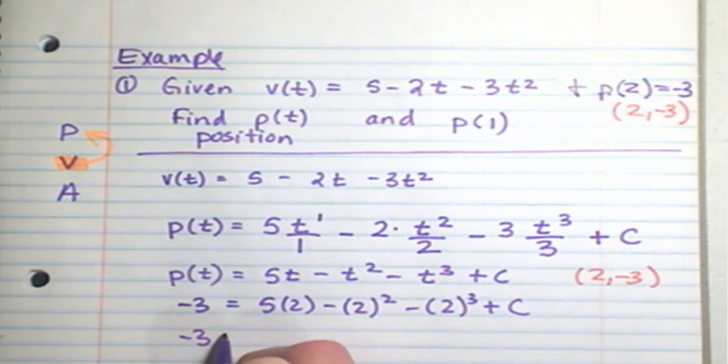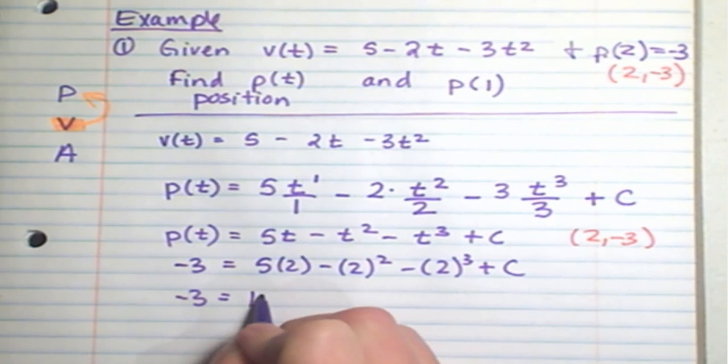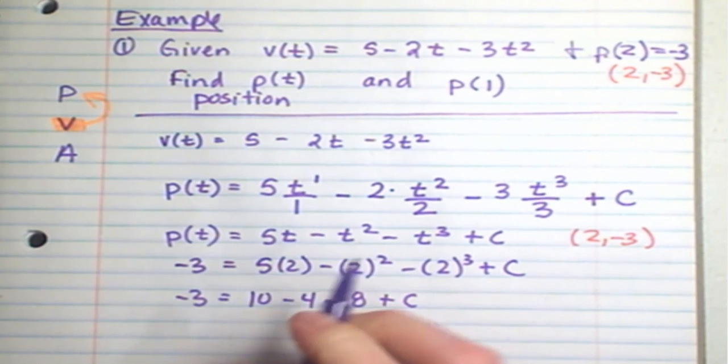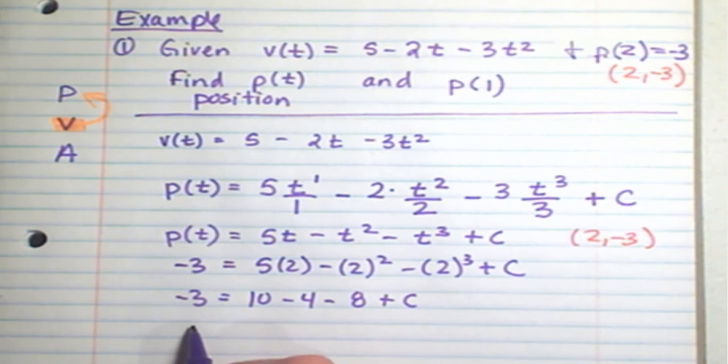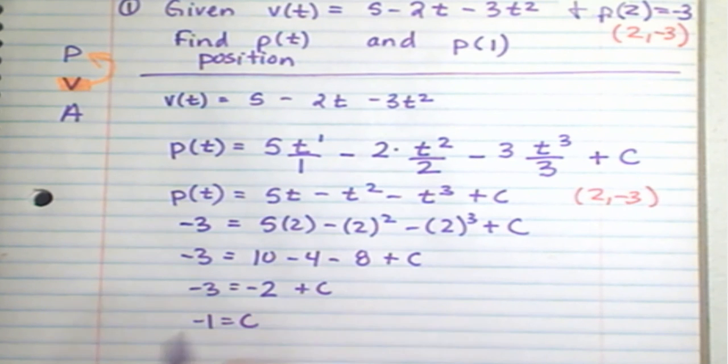All right, now we're just on to a little bit of arithmetic here. So C equals -1.